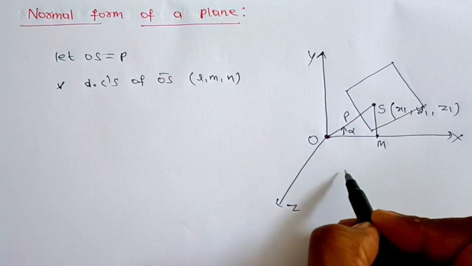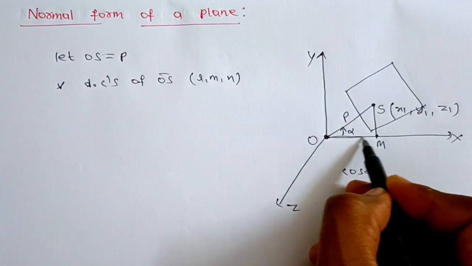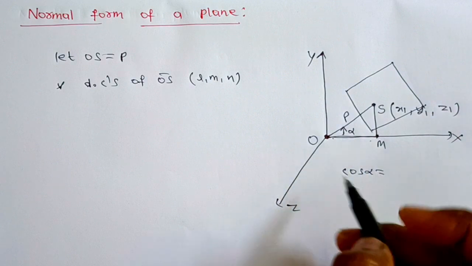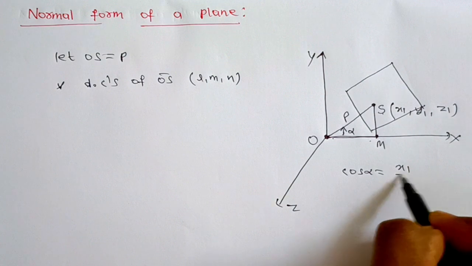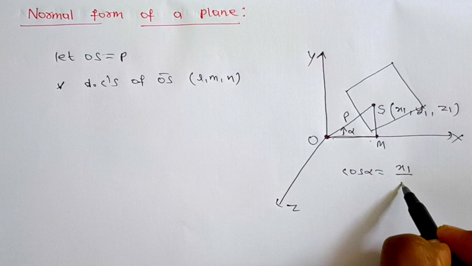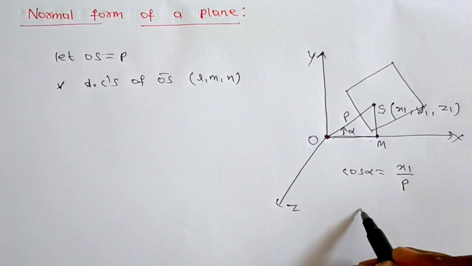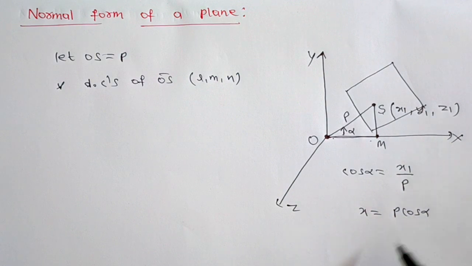From triangle OSM, clearly cos alpha is equal to the adjacent side, which is OM, the x coordinate of S, that is x1, divided by the hypotenuse, that is P. Here x1 is equal to P cos alpha.